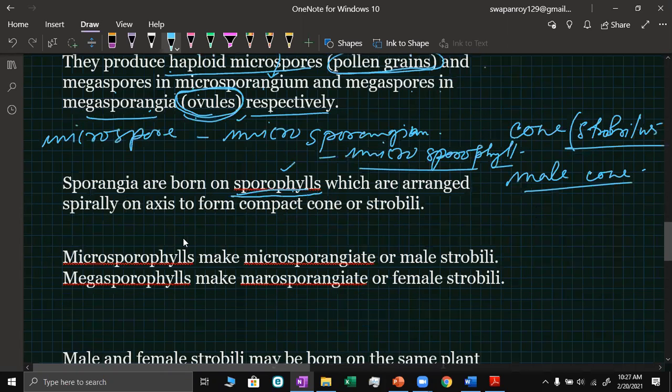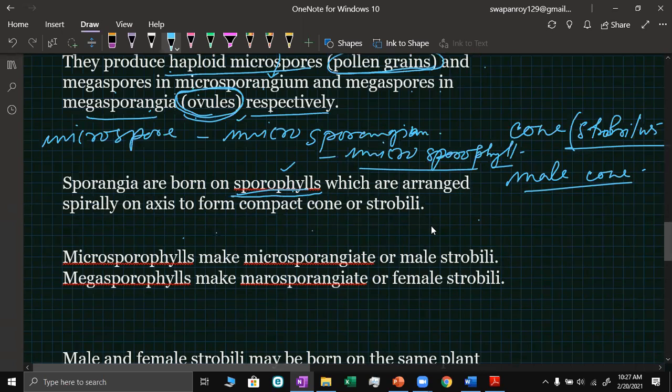Similarly, the megaspore is produced within the megasporangium.